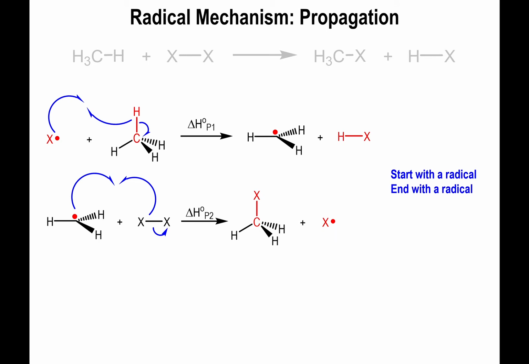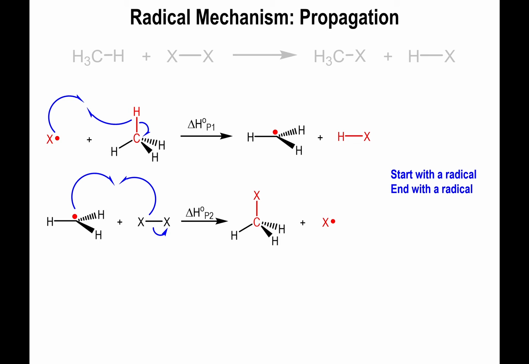But the other thing to notice is that you started with X dot in this process, and by the end of the second propagation step, you have reformed X2. This is in essence what qualifies any substance as being a catalyst. And this is also the reason why you have to be careful with radicals, because once they get formed, they engage in a catalytic cycle.